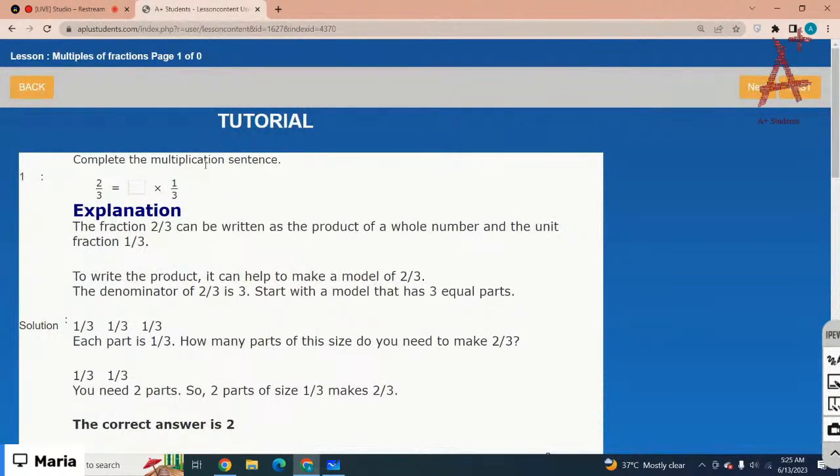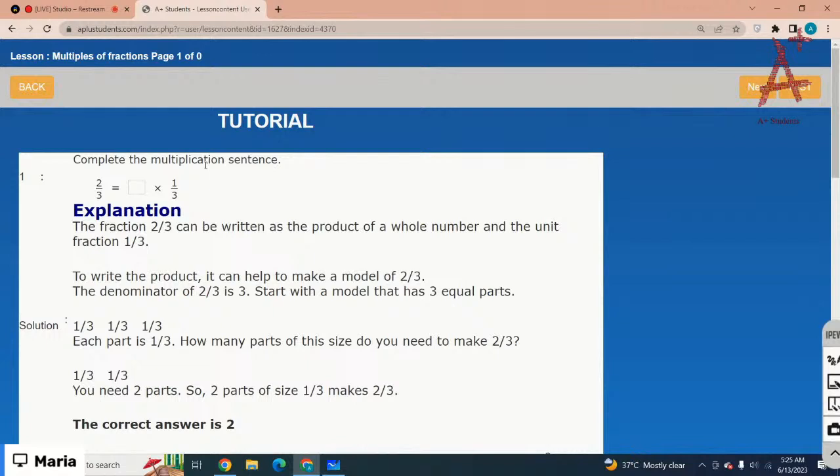Got it? Just look at the question. The fraction 2 by 3 can be written as the product of a whole number and the unit fraction. Like we did in the last question, we are multiplying a whole number and a fraction. So here you have 2 by 3. You can write 2 by 3 as the multiple of a whole number and a unit fraction 1 over 3. 1 over 3 is a unit fraction.